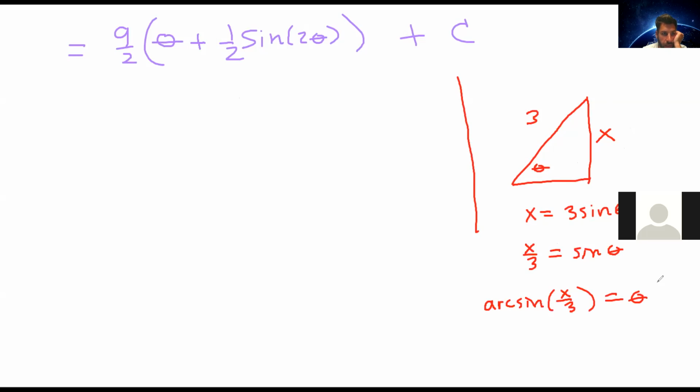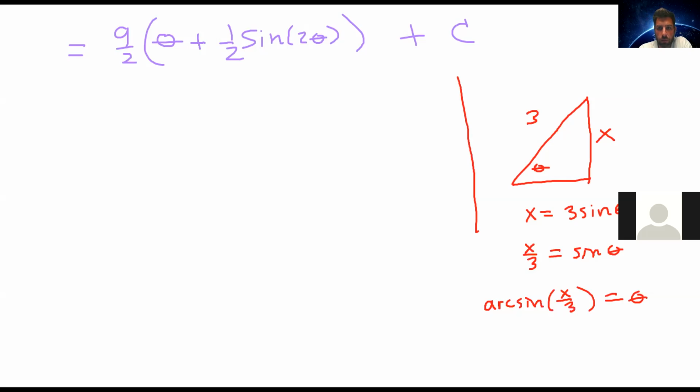So I need this piece for the theta, and then what do I do about the sine of 2 theta? Well, that's going to be relying on some trig identities that maybe you don't remember. But you can simplify the sine of 2 theta. It's called the double angle formula.